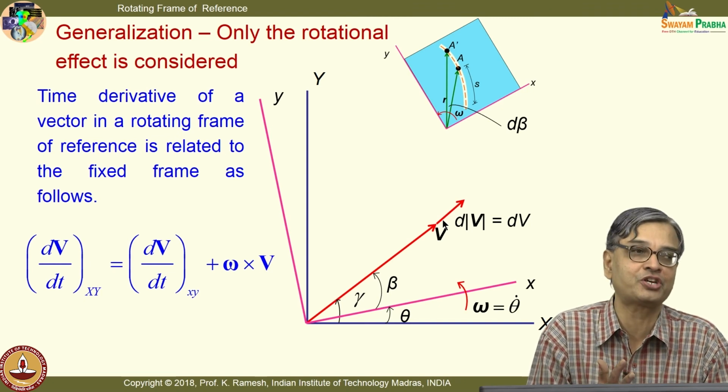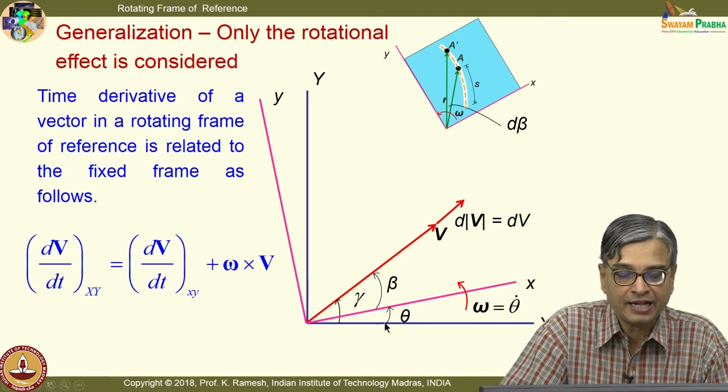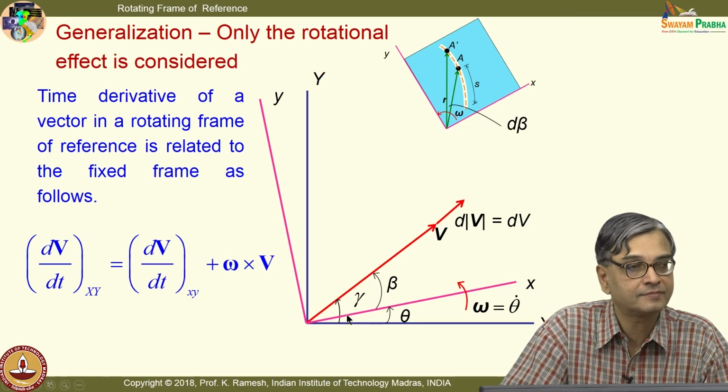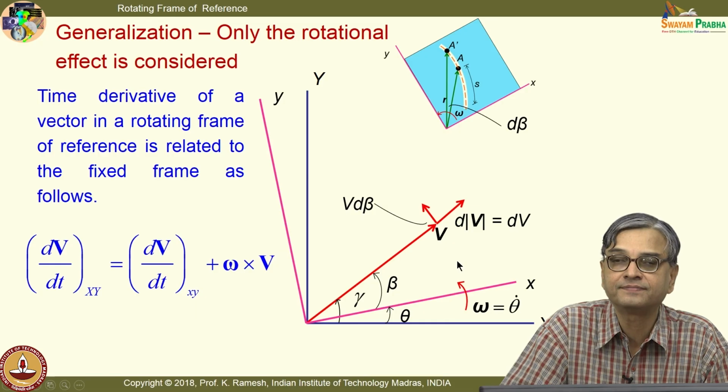This is what you will have to appreciate, okay, because a fixed observer will see this at an angle gamma. So, it will go by an angle d gamma. It has gone by an angle d beta now.